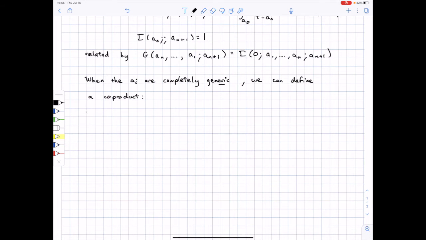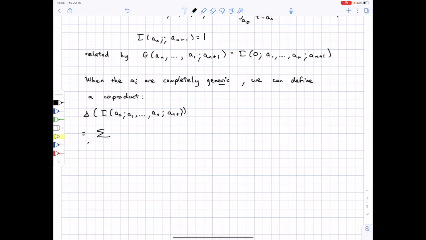So that is the following: delta of I with all its arguments is a sum of terms.